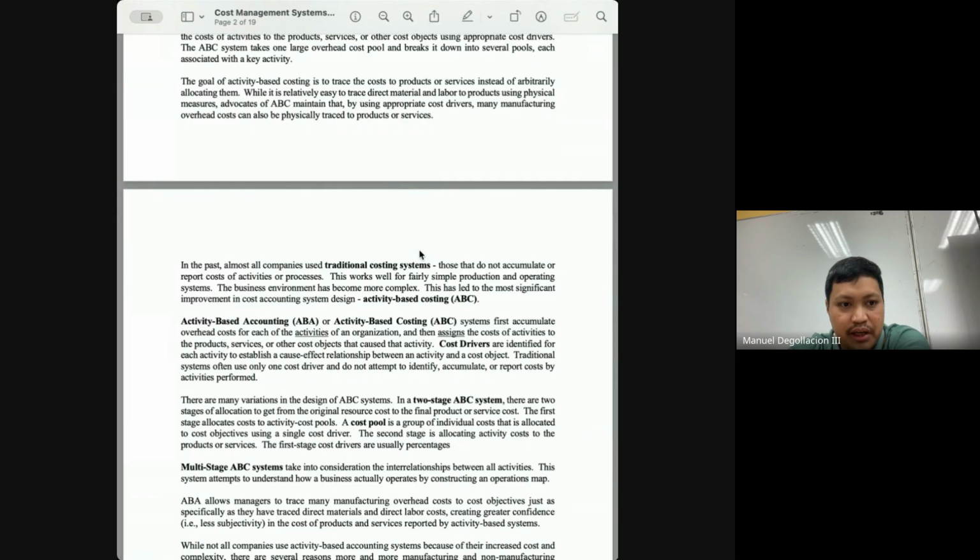Again, first, accumulate your overhead cost for each activity and then assign the cost of activities to the product, service, or other cost objects that cause that activity. So the manner of determining your cost drivers, class, is that they are identified for each activity to establish a cost-effect relationship between an activity and cost object.